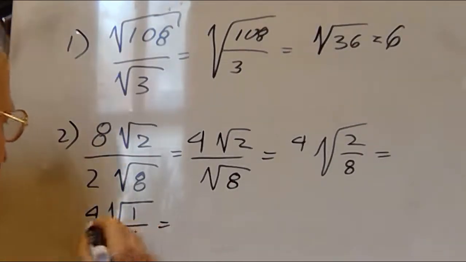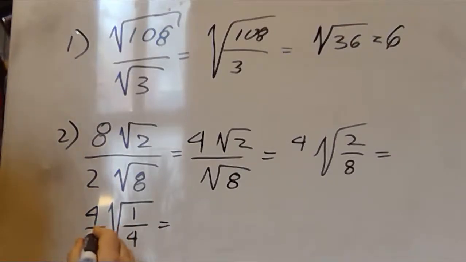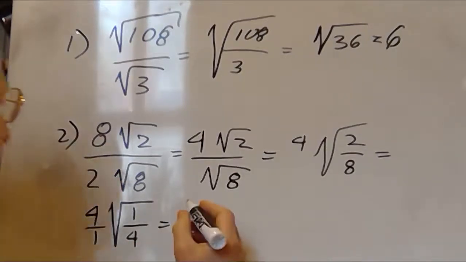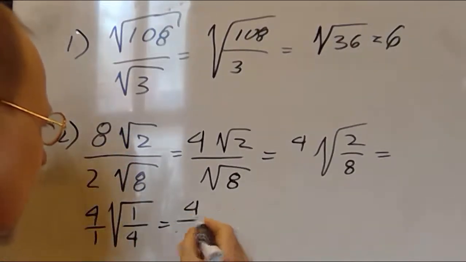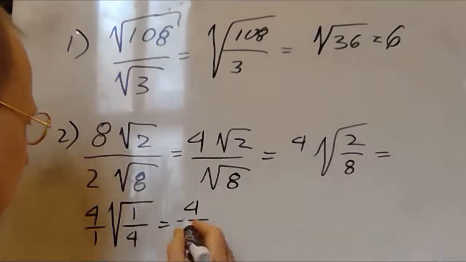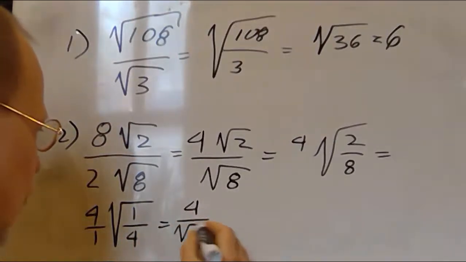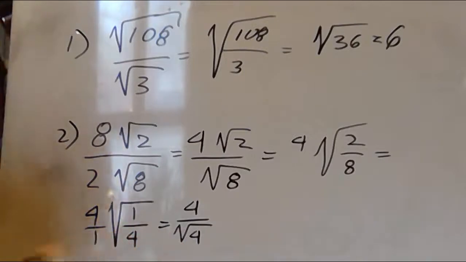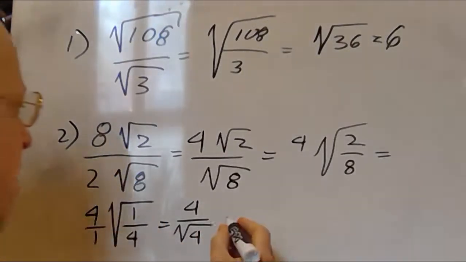So it turns out what we get, and I'll just put a 1 there so you know exactly what I'm doing when it comes to things that are fractions. So I have the 4, and this I can make 1 square root of 4, like that, because the square root of 1 is 1.